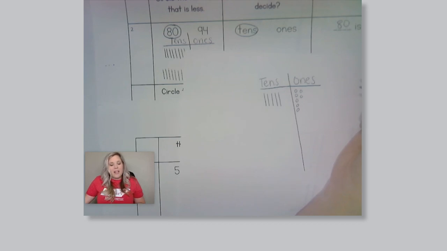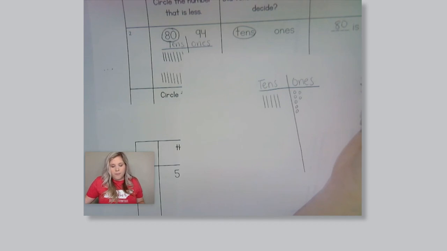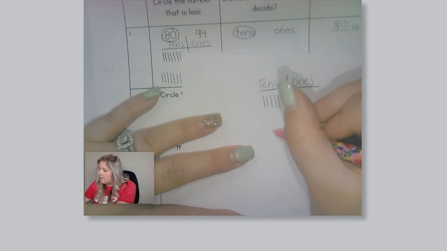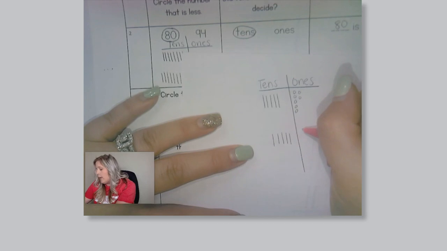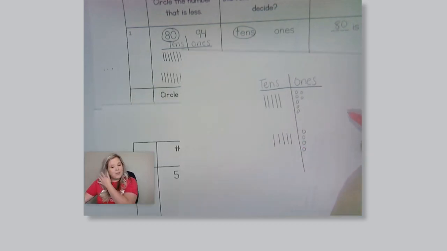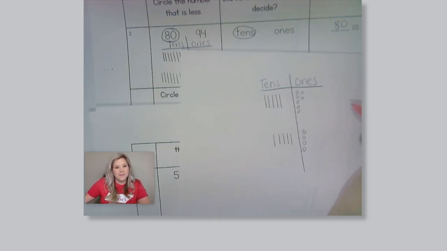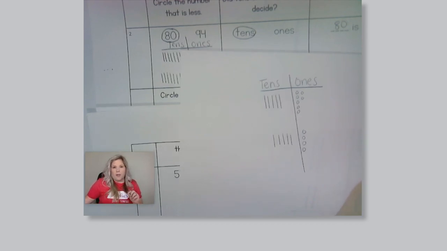Good job. Now I need to model the number 54. I want you to draw along with me. 54 has 5 tens. 1, 2, 3, 4, 5, and 4 ones. 1, 2, 3, 4. Did you draw 5 lines and 4 circles? Excellent job. How can we use this drawing to compare the numbers?